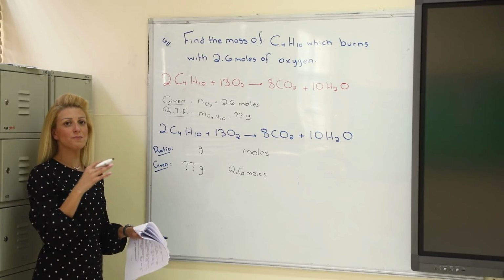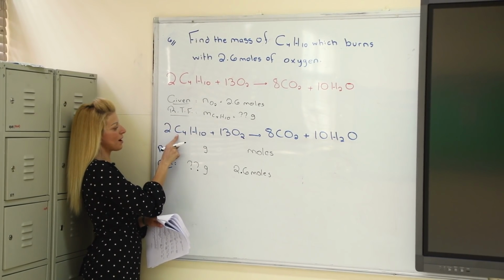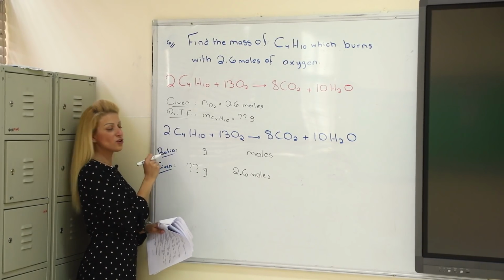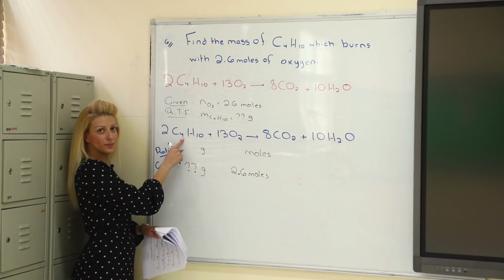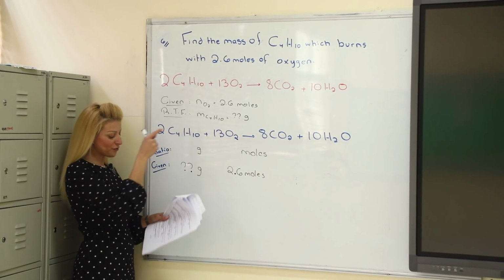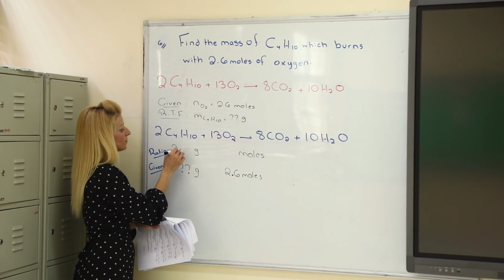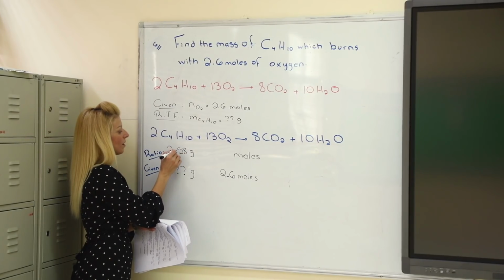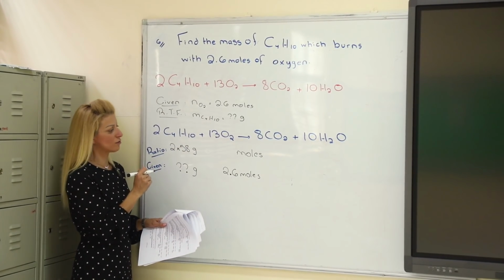We go back to the periodic table and we calculate. Each carbon has a mass of 12 and each hydrogen has a mass of 1. So 12 times 4, which is 48, plus 10, 58, times 2, so you'll end up with 2 times 58 because each C4H10 has a mass of 58 grams.